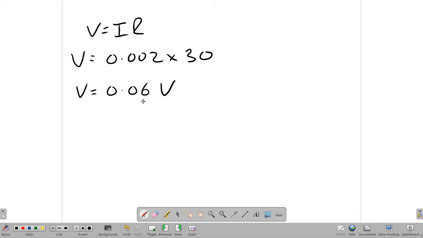Then we had to find the power. We can do that using P equals IV. We've got a current of 0.002 and a voltage of 0.06, so we can multiply them together.